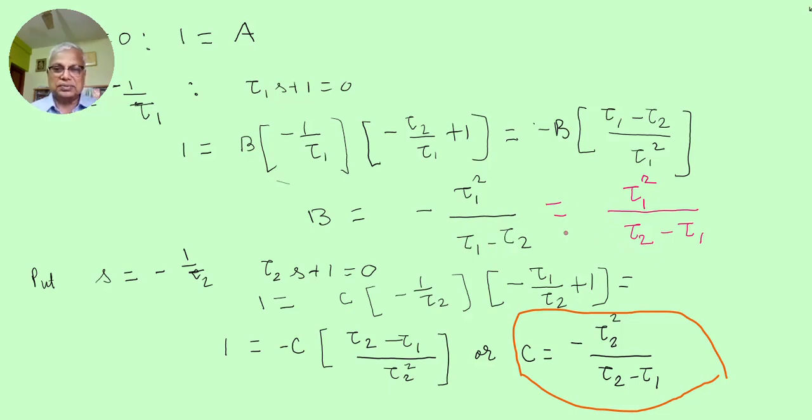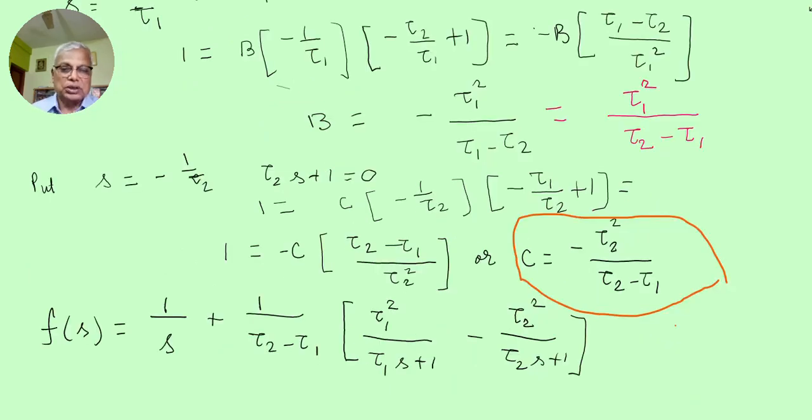Now let us substitute A, B, C. A is 1, B is this, C is this. So let me substitute A, B, C into the function. I have substituted A, this is A by s. For B and C, tau 2 minus tau 1 is common.